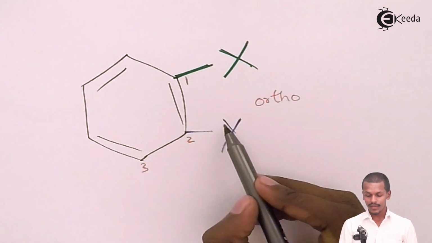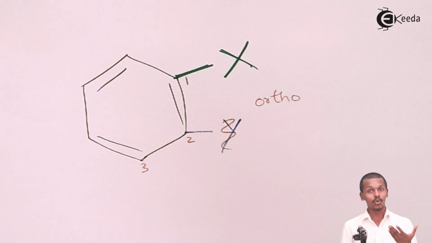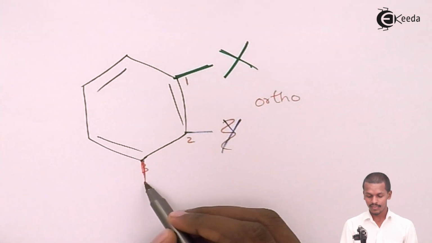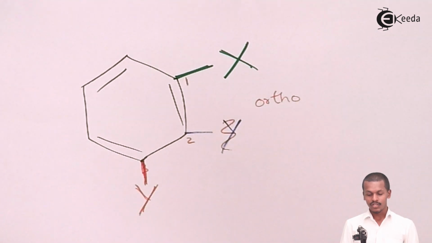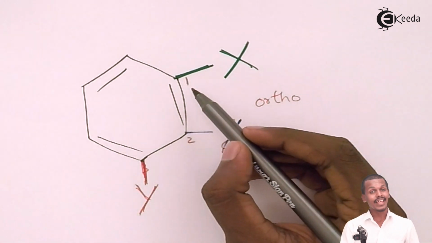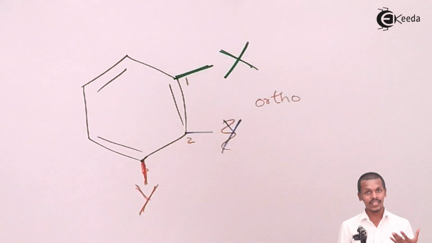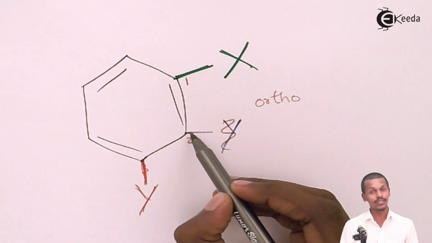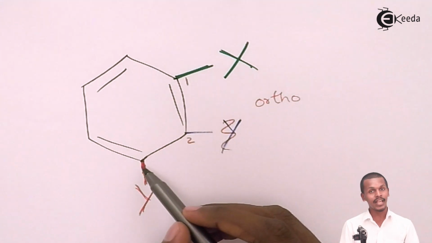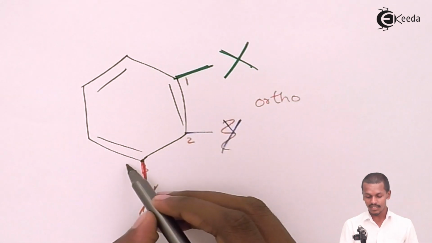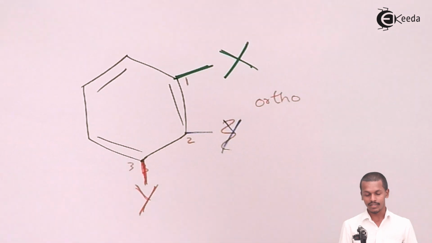What if the group is attached on the third position, and I name it Y? Now we can see that one carbon is not substituted, and an alternate carbon has been substituted, and that's why it is the third carbon atom.